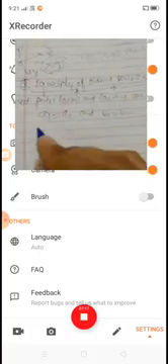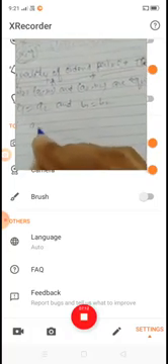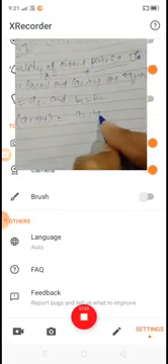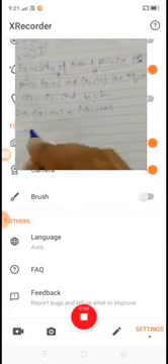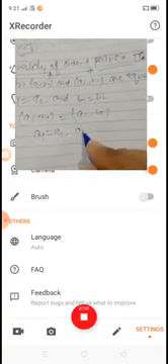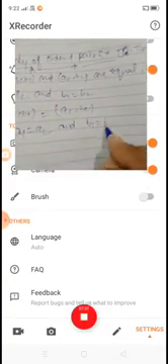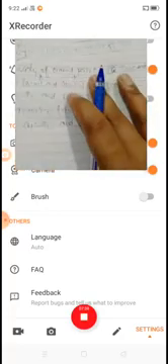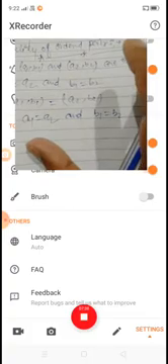That is, if (a1, b1) equals (a2, b2), this implies that a1 equals a2 and b1 equals b2. These are the conditions for equality of ordered pairs.